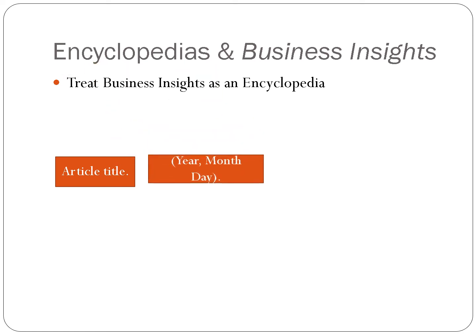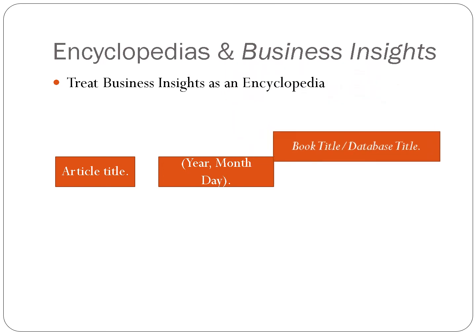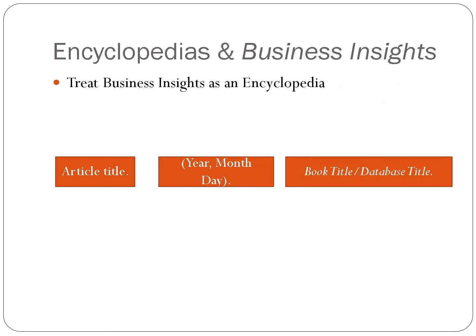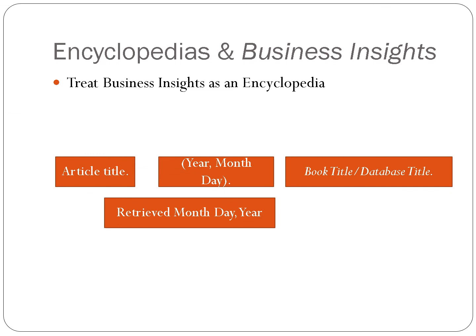And then you're still going to look for at least a year, something to indicate when this publication was there. And then which encyclopedia or dictionary was it? Was it World Book? Was it Britannica? Or, in the case of Business Insights, well, you would have your retrieved month, day, and year, and your web address if you're using an online encyclopedia.